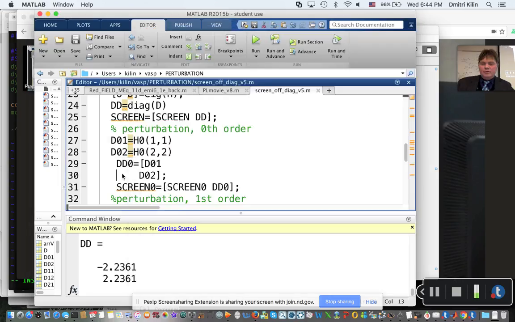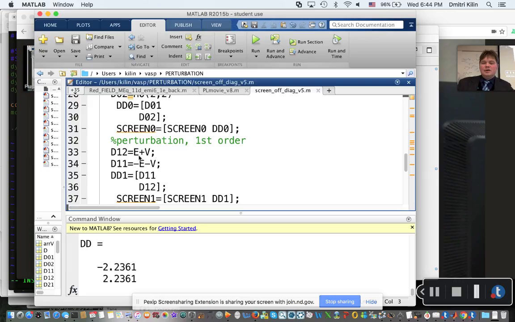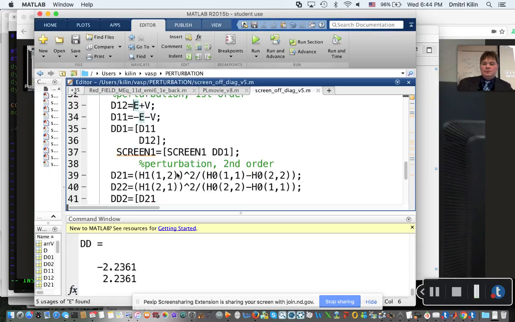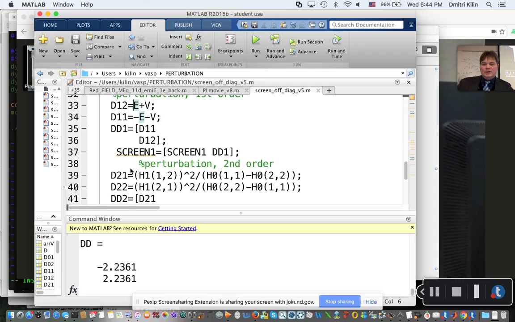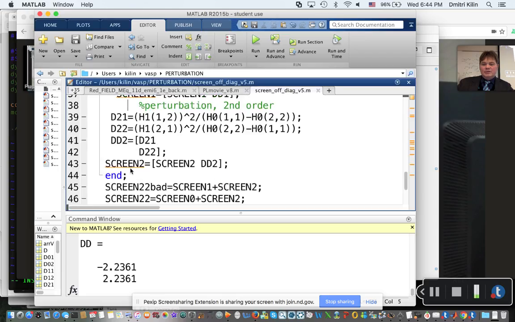Logical. Now for the first order perturbation, we take V and minus V. So it just adds linearly to the energy, and this is shown as the straight line here. And if you go to the second order, it is the same stuff as shown here on the board.